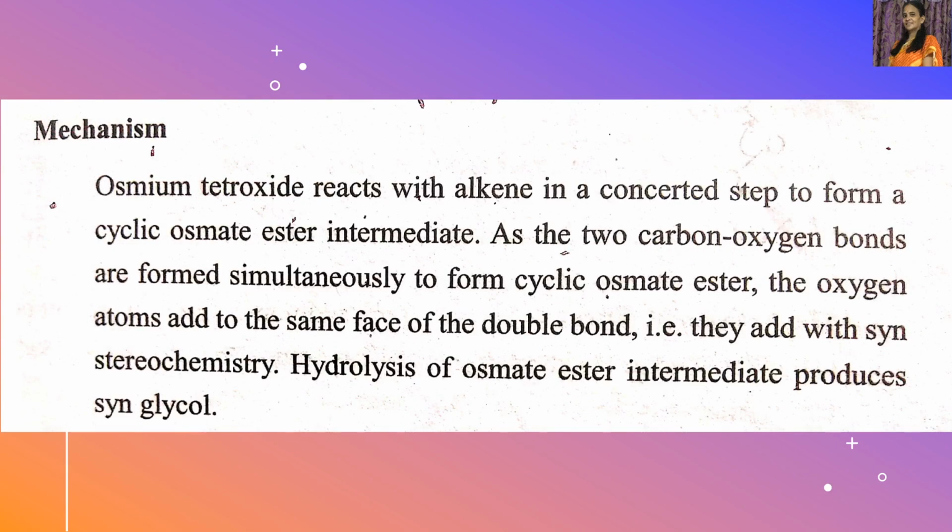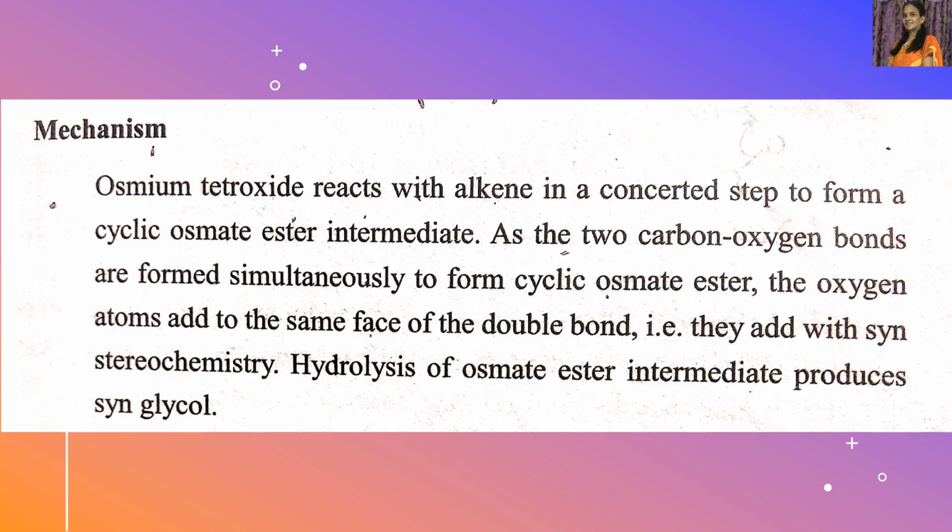Osmium tetroxide reacts with the alkene in a concerted step, that is, a single step, to form a cyclic osmate ester. A cyclic osmate ester is produced as an intermediate by the action of osmium tetroxide with alkene.